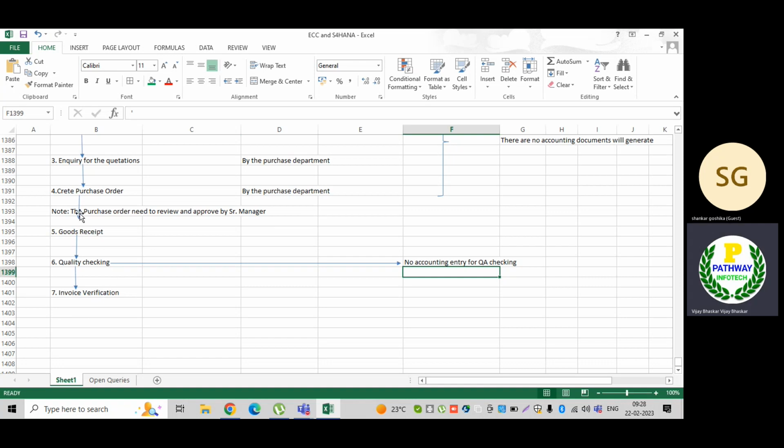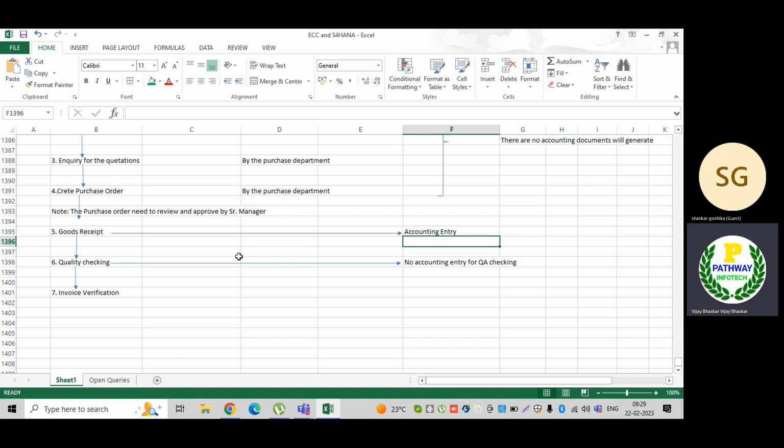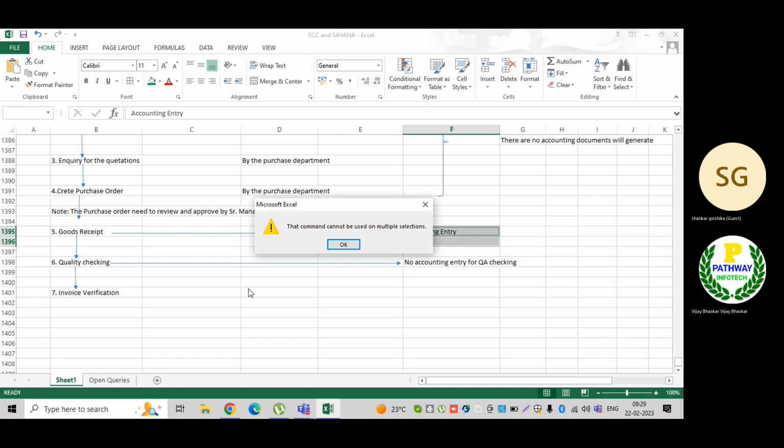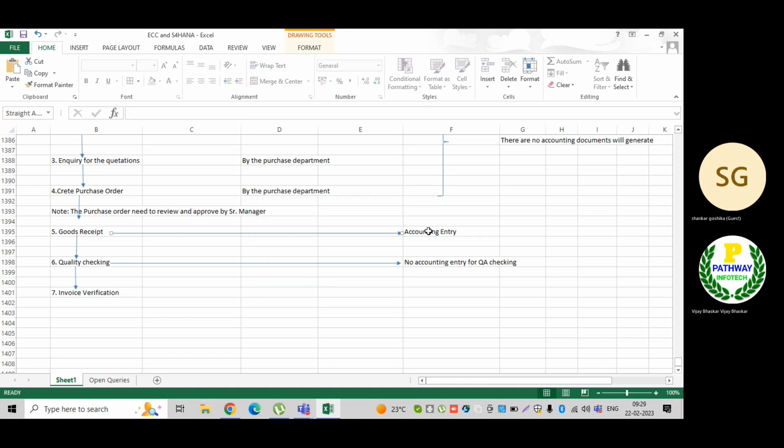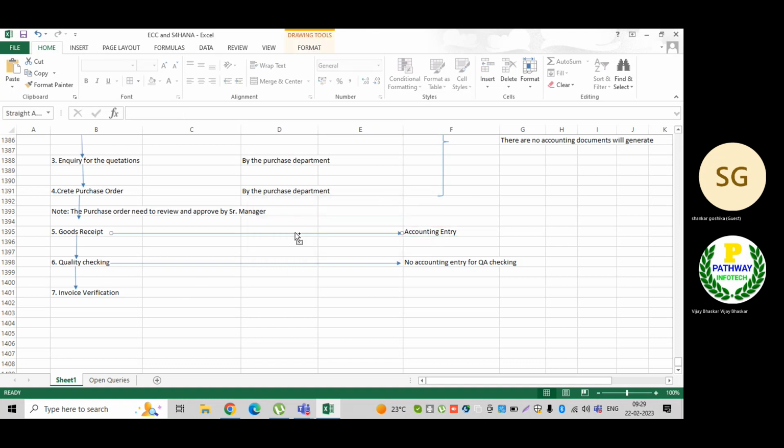Then once the goods receipt is done, the invoice verification also will have the accounting entry. I'll mention it like this: this one also will have the accounting entry.